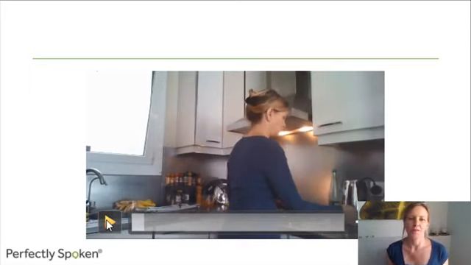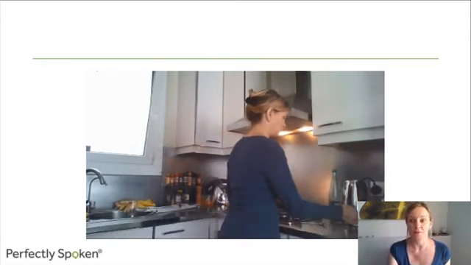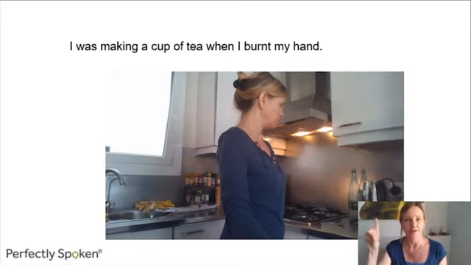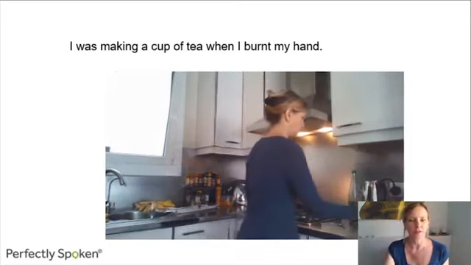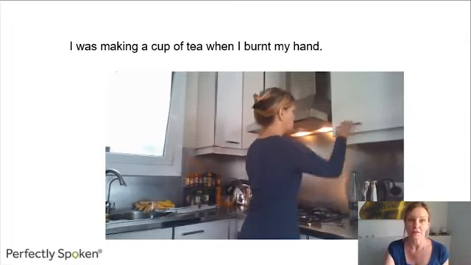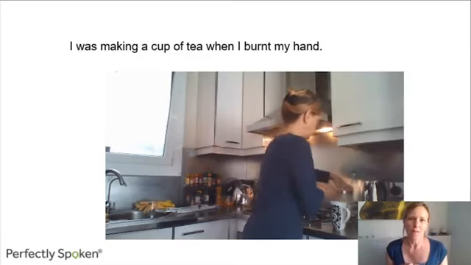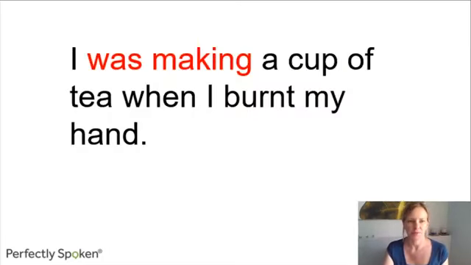So here we have, I was making a cup of tea when I burnt my hand. Notice the verb burnt. It can be an irregular verb in the past or regular, but here I've used it as an irregular verb. So we've got, I was making a cup of tea. That was the first action. When I burnt my hand.